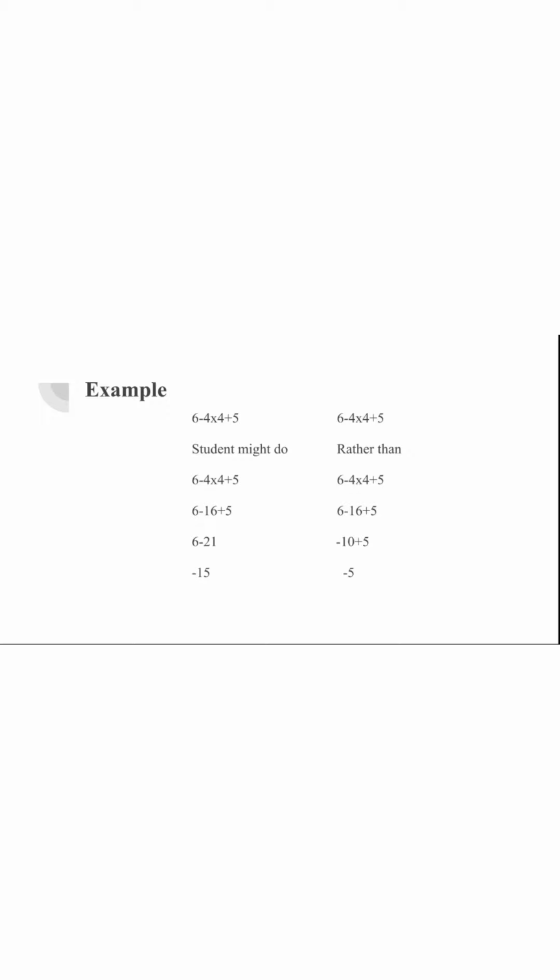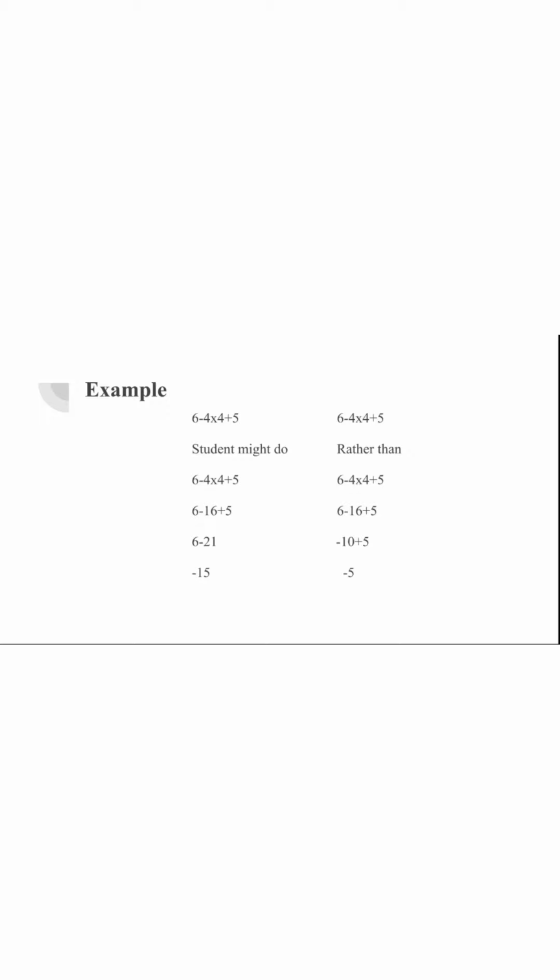So in this problem, 6 minus 4 times 4 plus 5, a student might look at it and look for parentheses and be like, oh, there's none there. Then they'll look for exponents, realize that there's none there either. And then they'll look for multiplication. They'll do the 4 times 4.